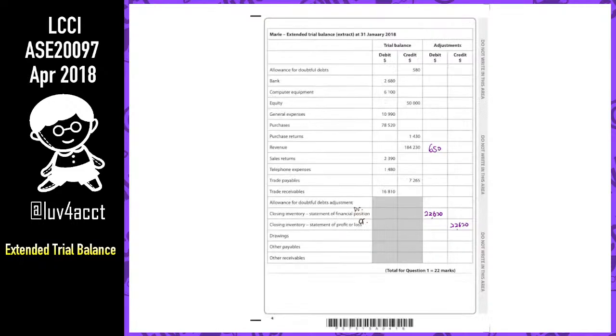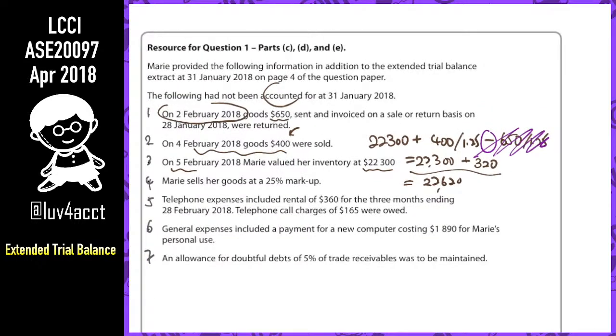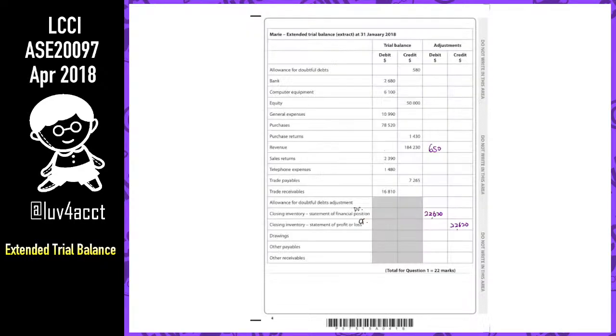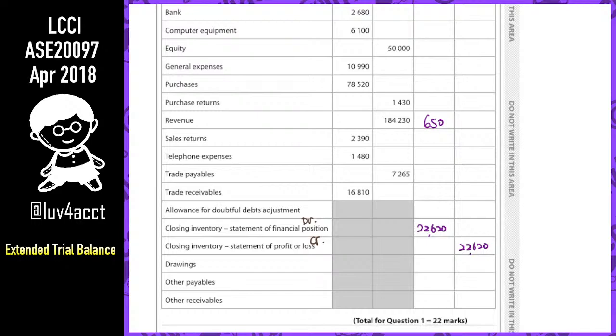Let us see. It is not mentioned, right? It had not been accounted for. Goods returns, sent and invoiced on a sale or return basis. You are not told how it has been dealt with, so I think we have to deduct the amount here as well.